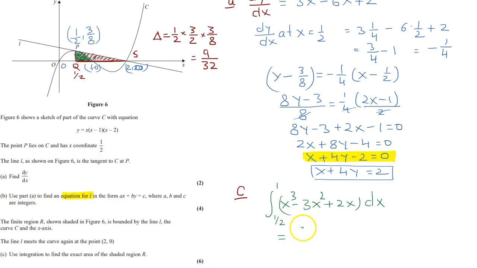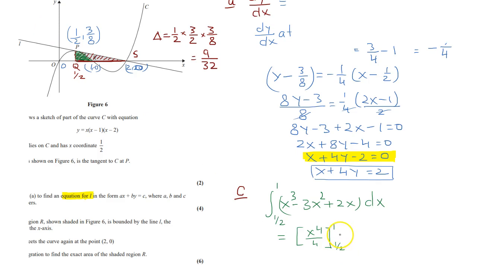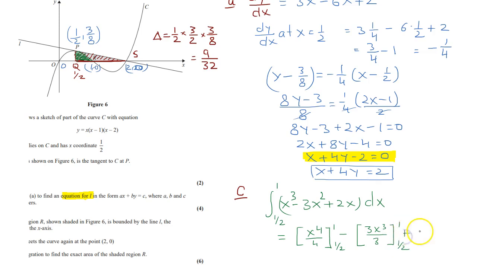So this will be equal to x to the power 4 over 4, half to 1, minus its integration will be 3x cube over 3, and the limits will be half to 1, plus this will be 2x square over 2. Limit same, half to 1.